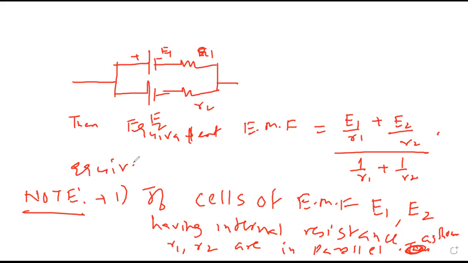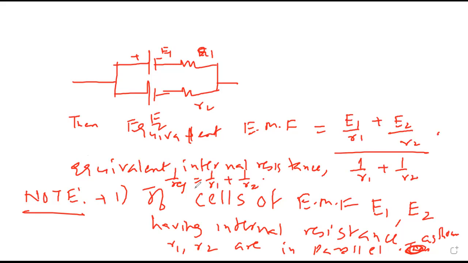Equivalent internal resistance: 1 upon R equivalent equals 1 upon R1 plus 1 upon R2. So write this case for two batteries of different EMF and different internal resistance in parallel.